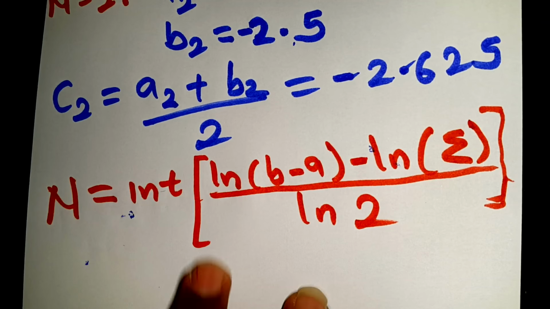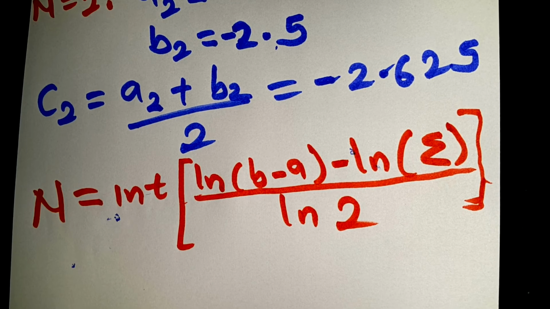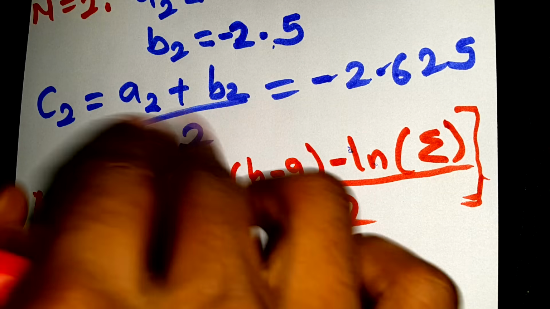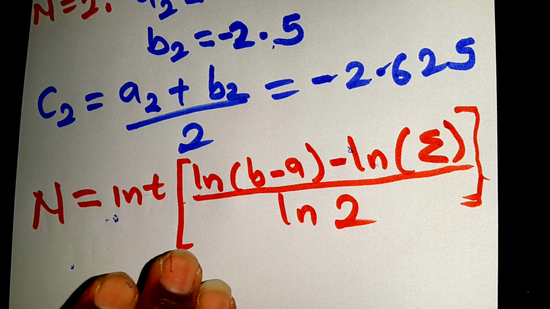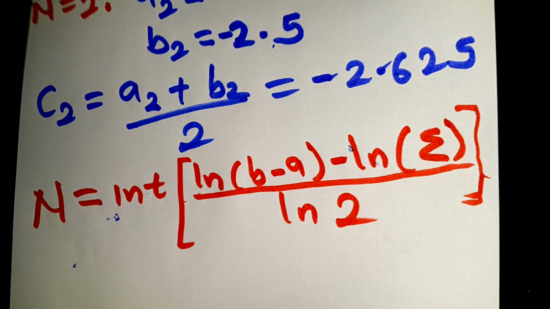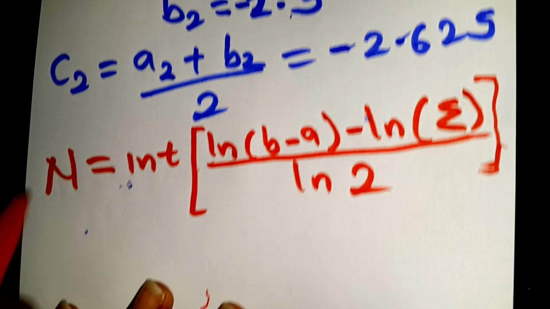So this is the formula we use to know where our iteration will stop, because we can't just continue iterating. It will take a lot of time. The only thing they can ask you in the exam is to find the smallest root by bisection, doing two iterations and finding where it will stop. So if you want to know where it will stop, then you use this formula here.